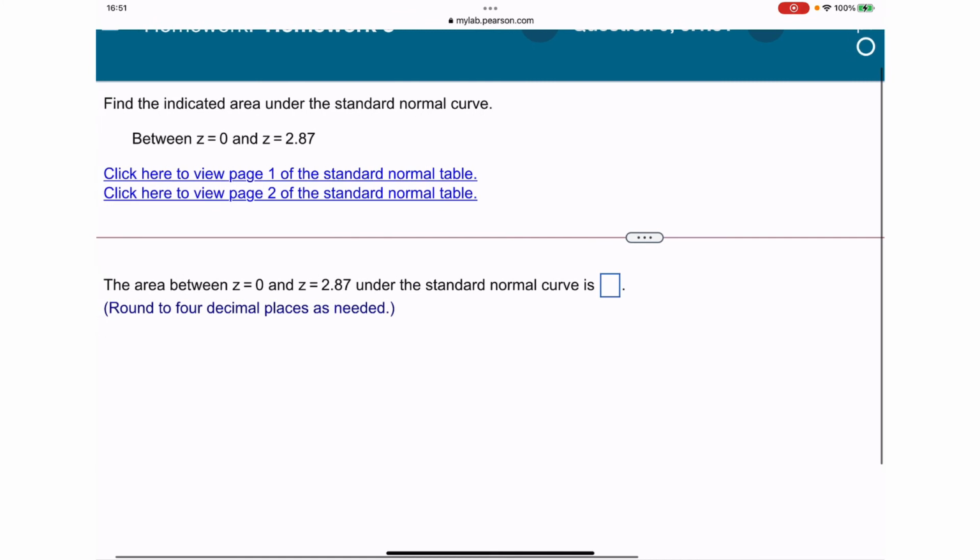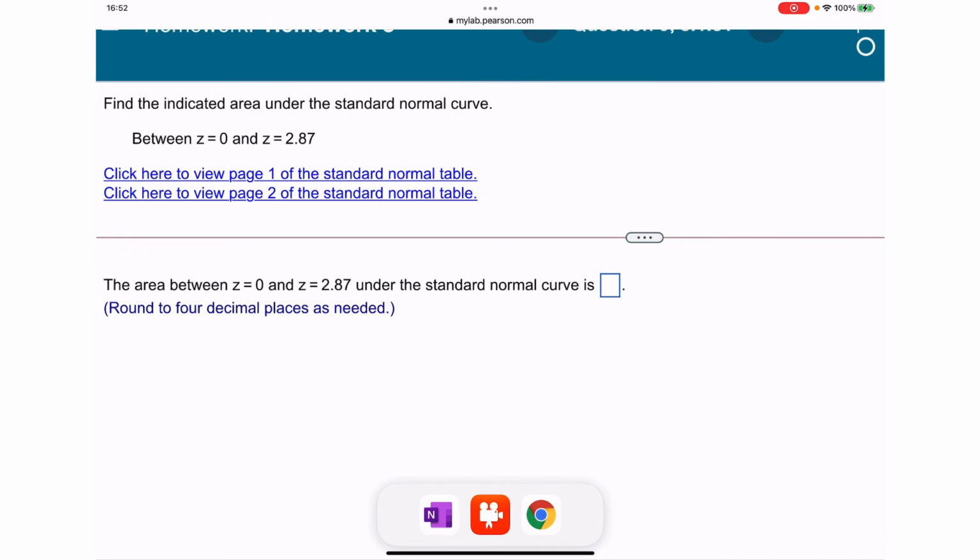Now between z-score 0 and z-score 2.87. So how to explain that one?